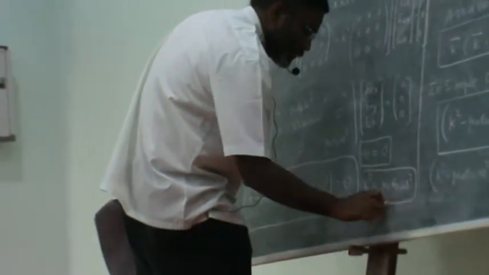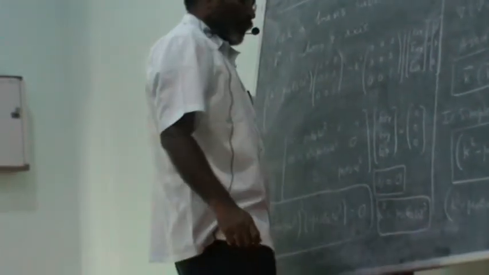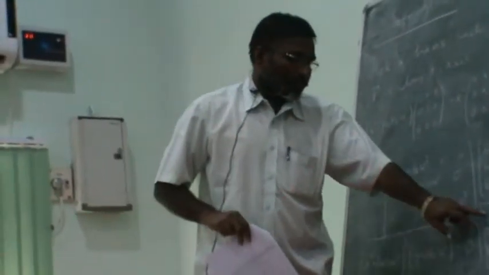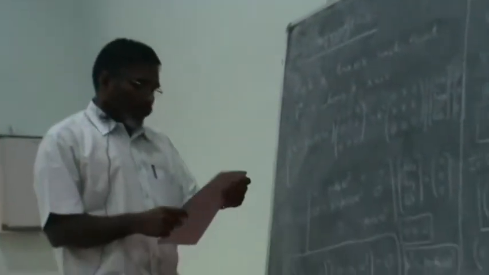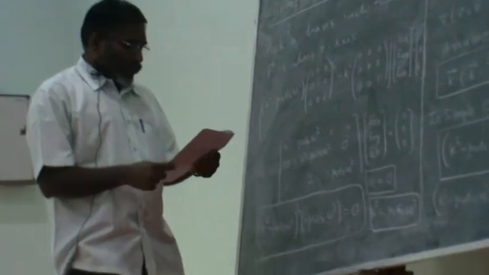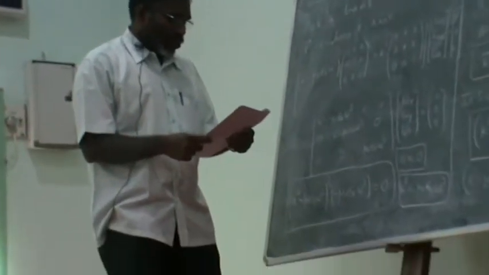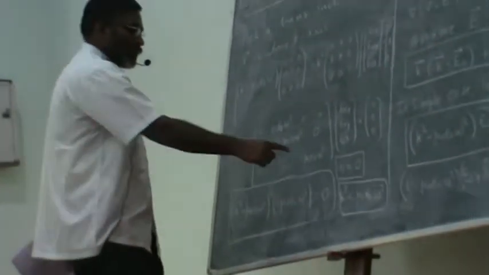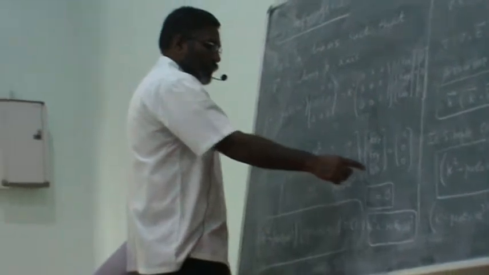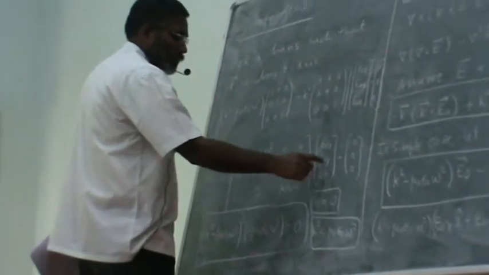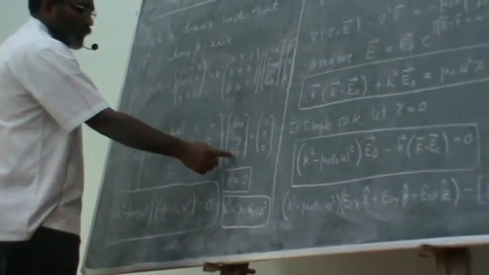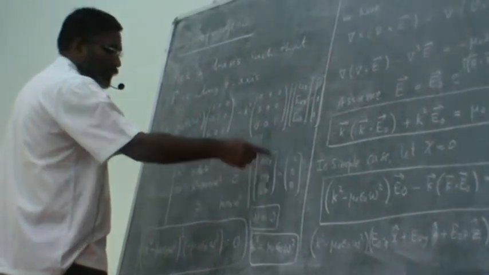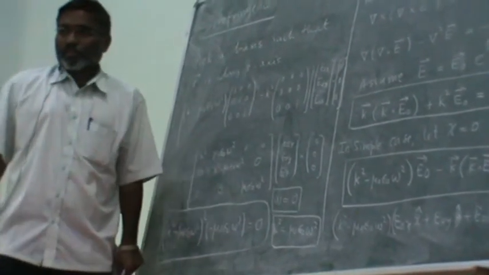This is interesting. If you consider omega equal to 0, that corresponds to E0z being arbitrary. If you put omega equal to 0, then these two are 0 and this is any arbitrary number, which will satisfy this equation.